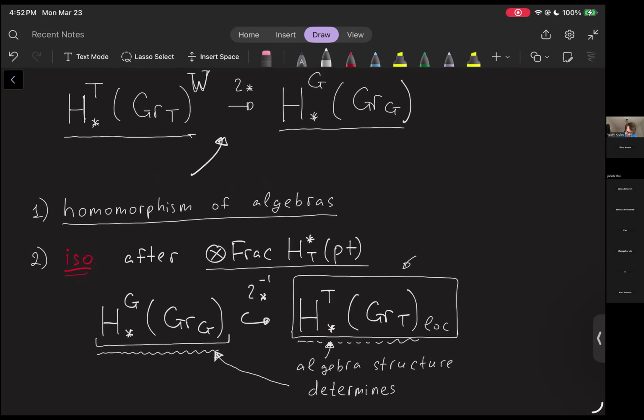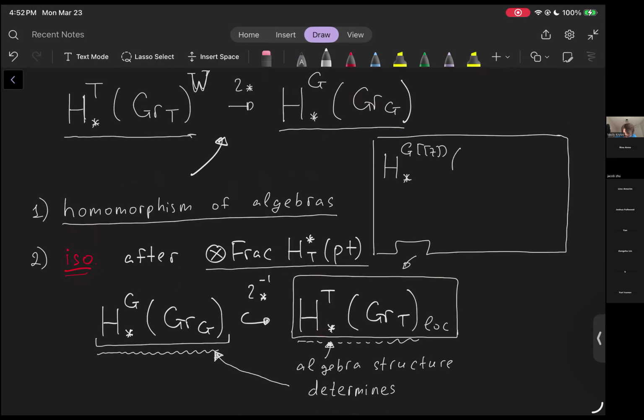Usually that becomes relevant only if you upgrade to actual coherent sheaves, like a category. Usually maybe in BFN they write homology and here they put G of Z, but note that as vector spaces they are just the same because the kernel is pro-unipotent.